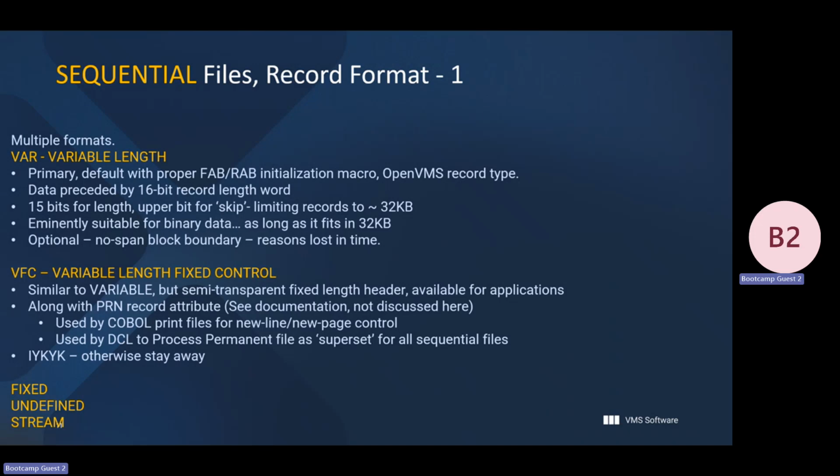And so if you stuck the line numbers in that fixed control, you could not see them while you're doing your editing, but they were still there. And some editors have used the VFC also to have their line numbers hidden from regular view. If you know, you know, but otherwise just don't go to those files.